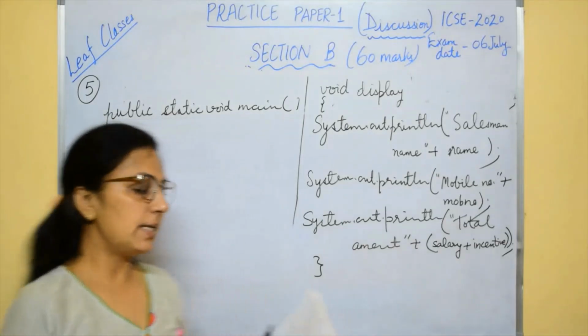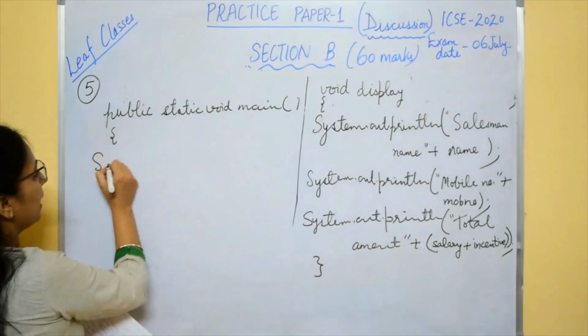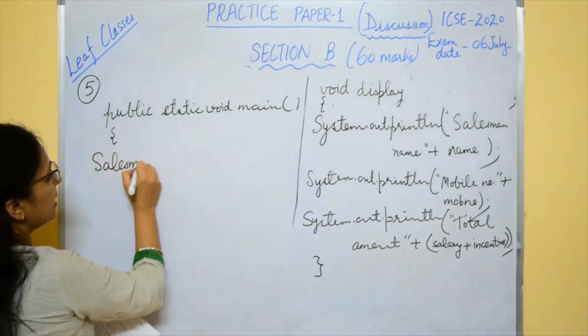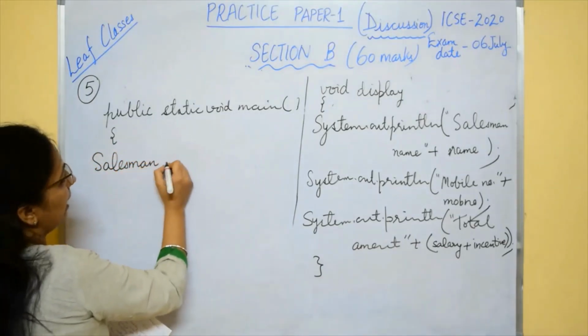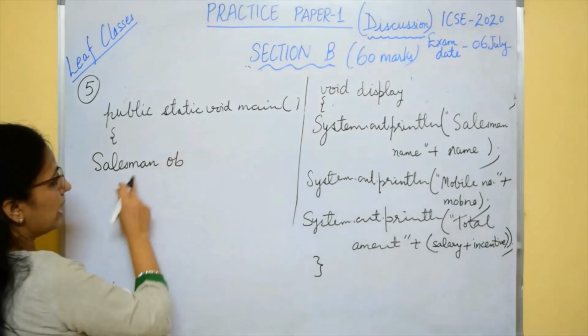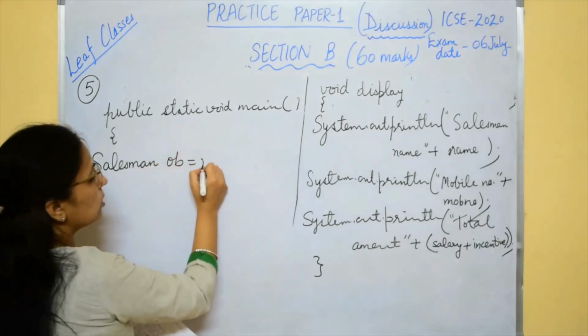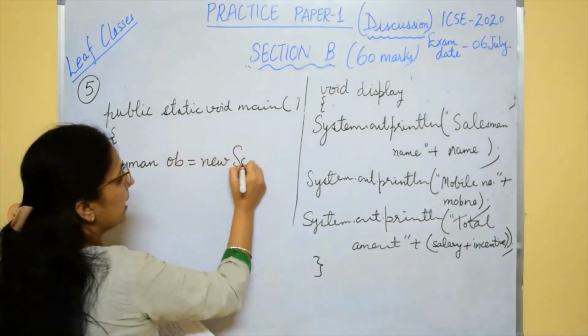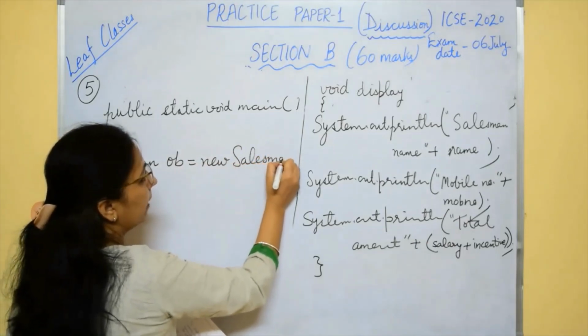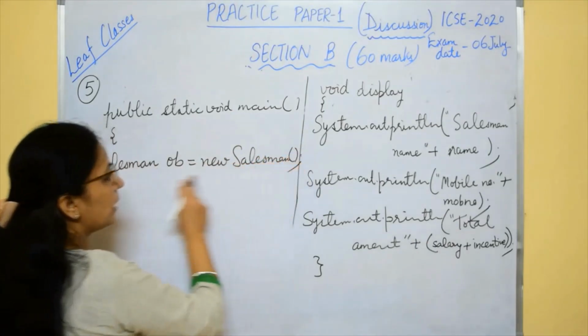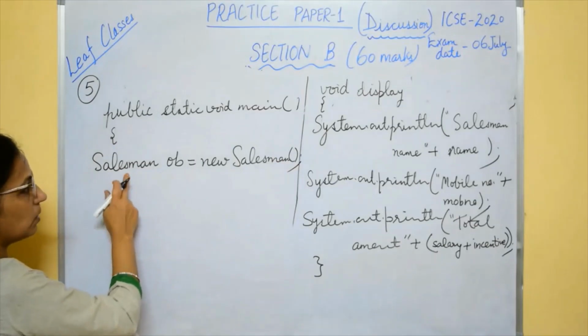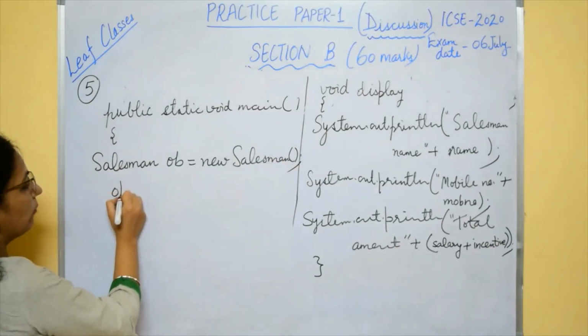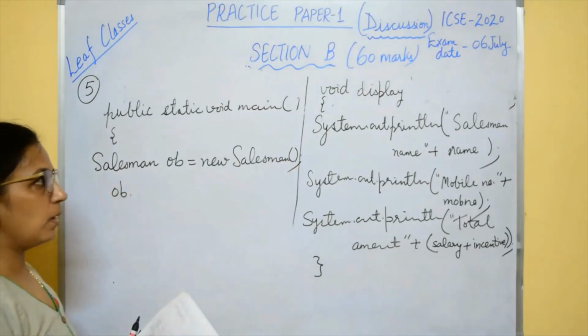Now here first you have to create the object of the given class. Class name is salesman. So we'll be creating the object of salesman. Any object name you can take. OB equals to new salesman. This is the object creation for this particular class. Now you have to call the functions one by one.